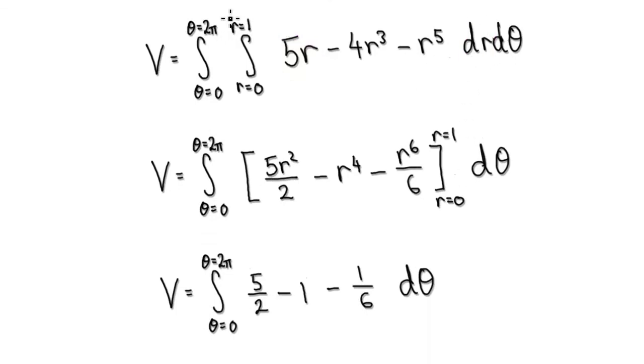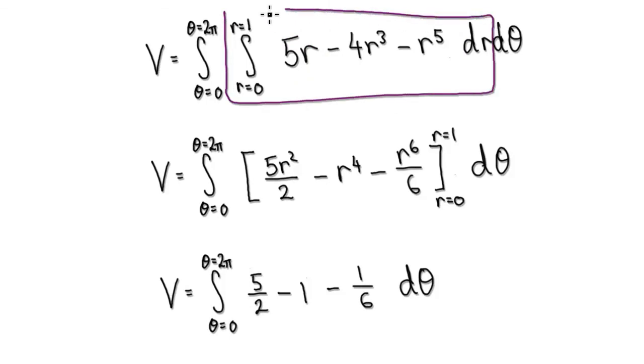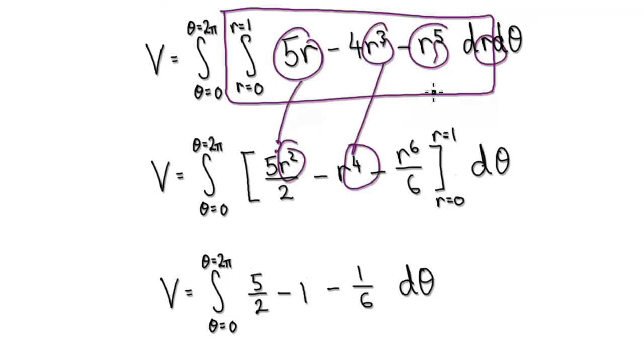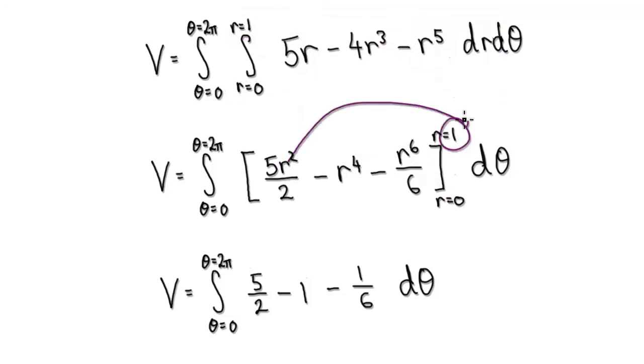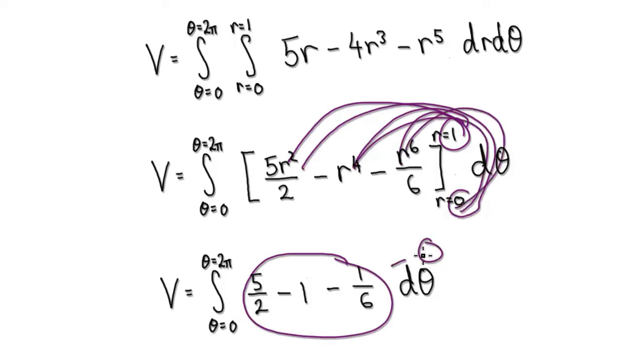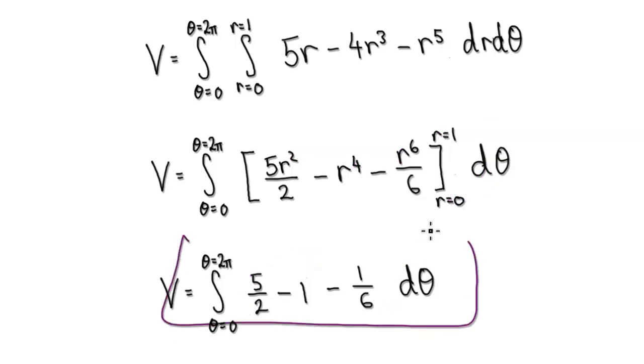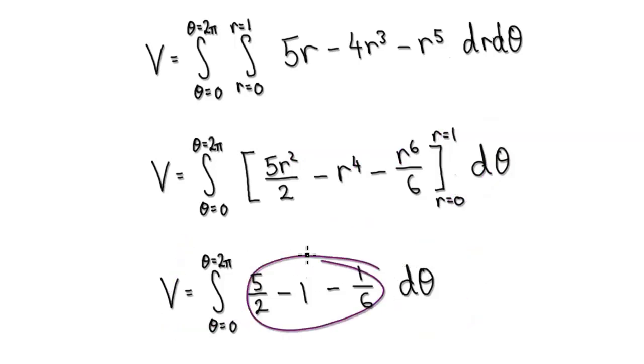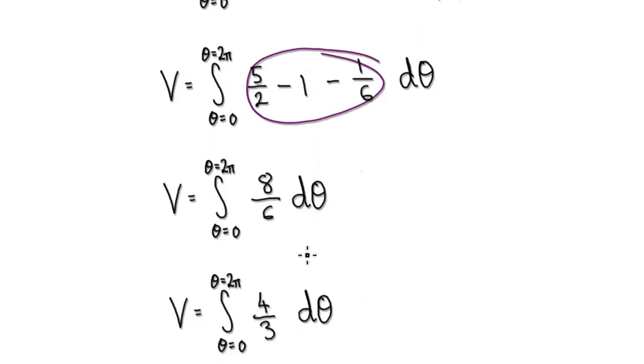Integrating gives you r squared, r to the power 4, r to the power 6, from 0 to 1. Put 1 into each, that gives us this, and then take away putting 0 in, which will be 0. So now merge all three together, that will give you 8 over 6. Simplify it, and that will give you this.